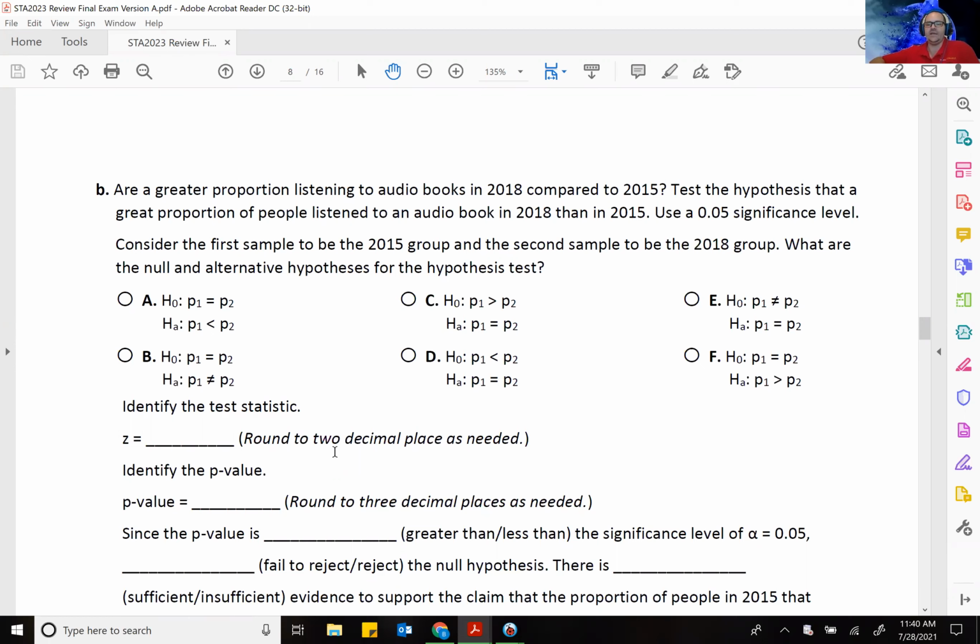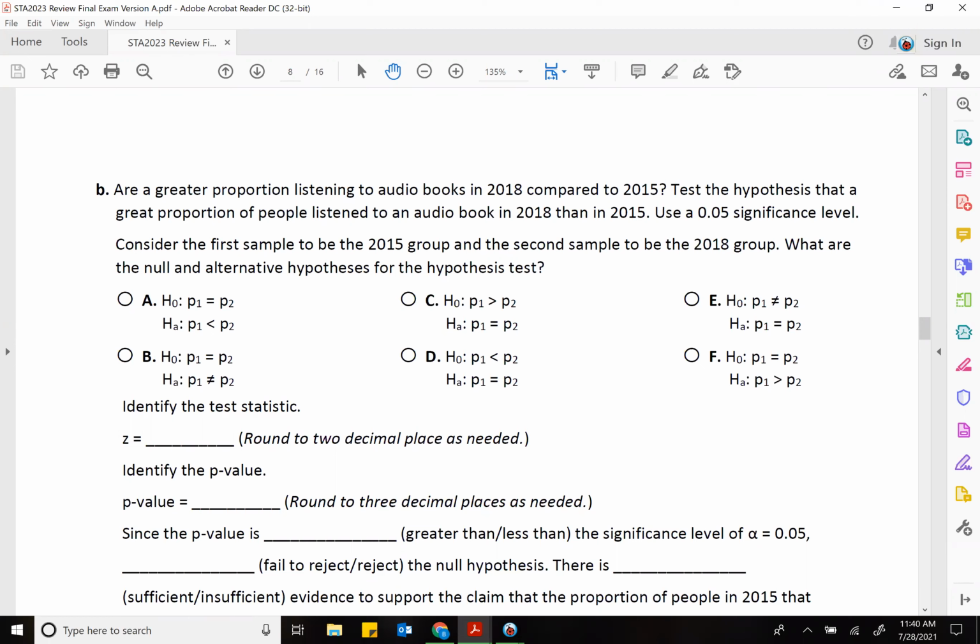Use a 0.05 significance level. Consider the first sample to be 2015 and the second sample to be 2018. So right there, they're telling you who is P1 and who is P2. Okay, so which ones down below represent the correct hypotheses?